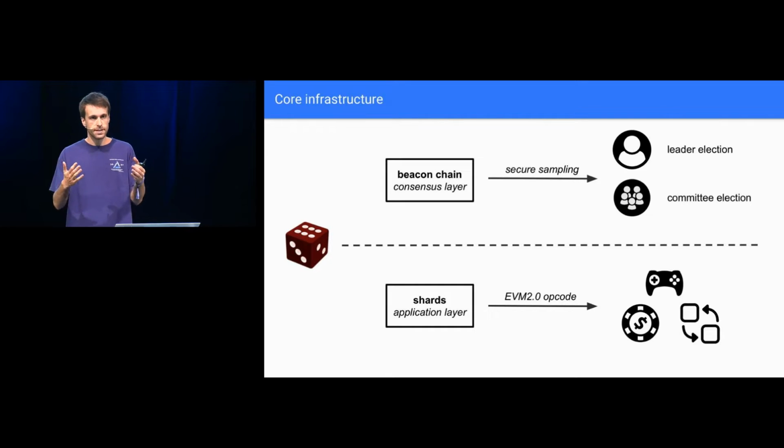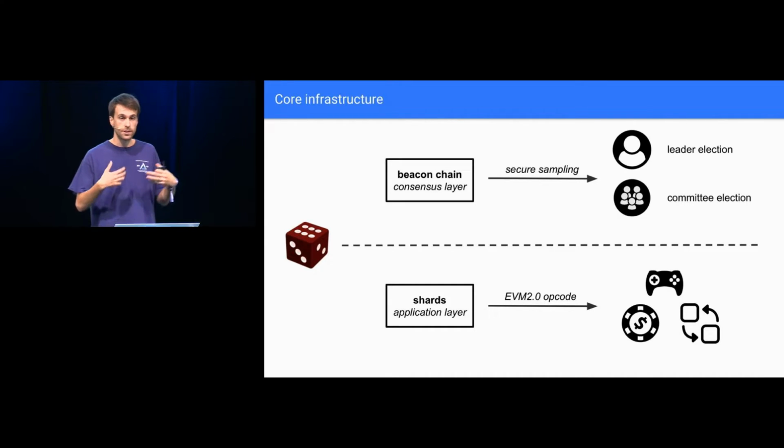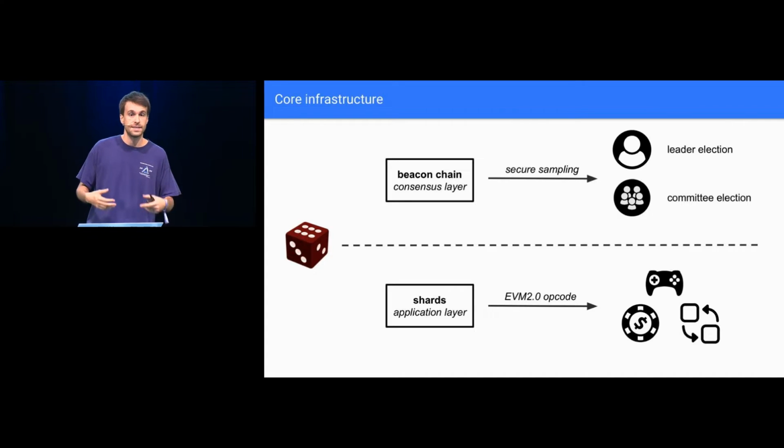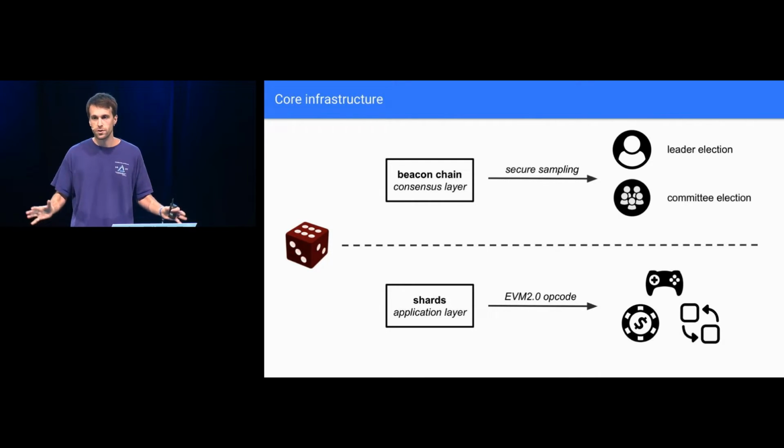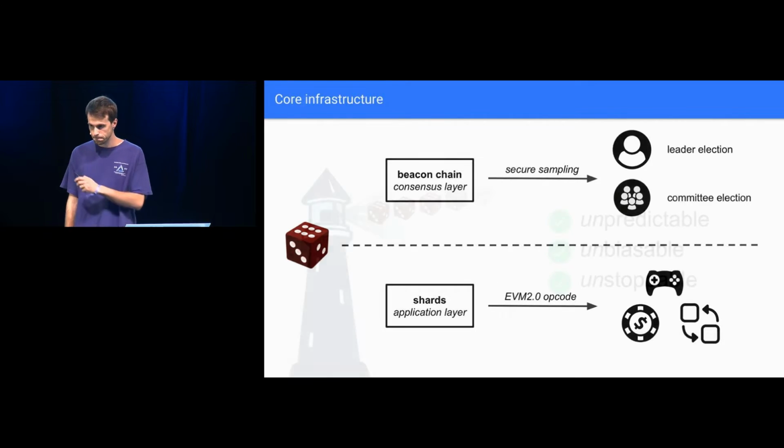In addition to using it at the consensus layer, we can also expose it in the shards at the application layer. So through an opcode in Ethereum 2.0, you should be able to have totally unbiasable randomness as a core primitive in the virtual machine. And so that should be useful for lotteries and gambling and gaming and all sorts of other applications.